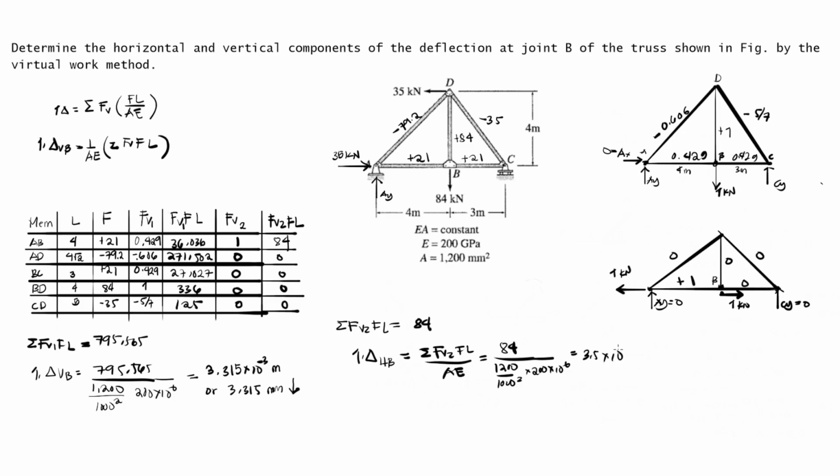So, ang lalabas na sagot dito is 3.5 times 10 raised to negative 4 meter. Gawin natin mm. That is 0.35 mm. Okay?